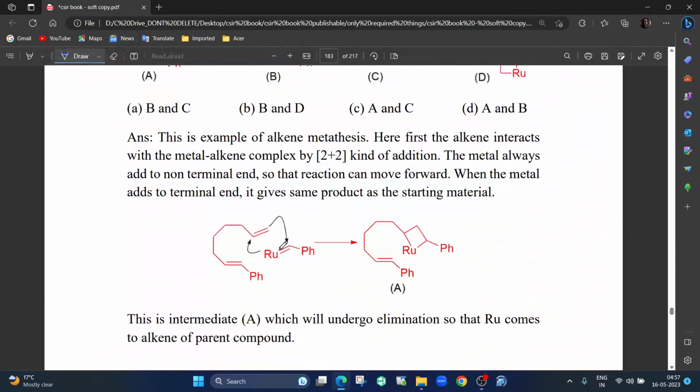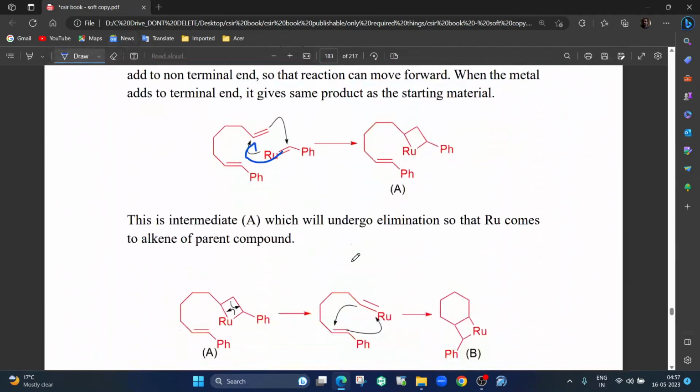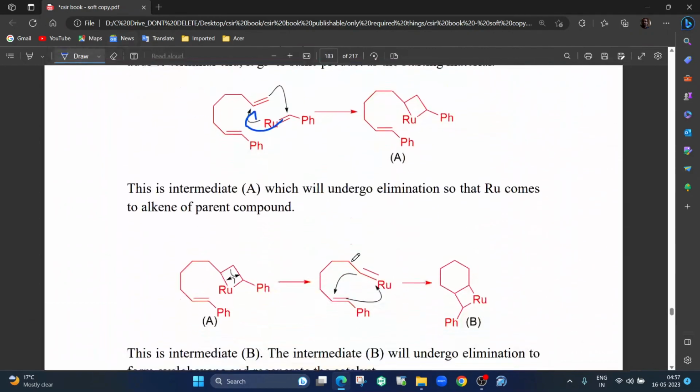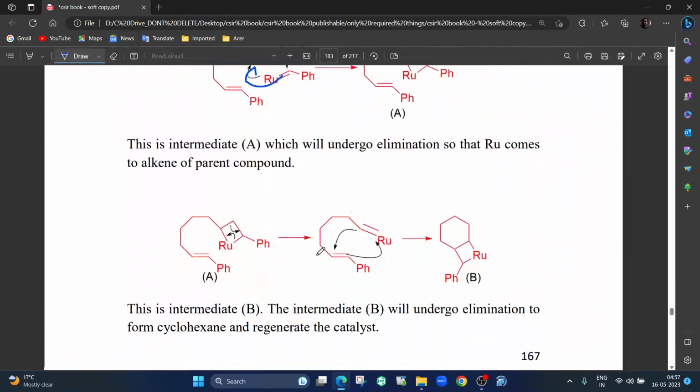Okay, so this alkene comes and attacks here, and this bond comes and attacks here, and you're getting a four-membered ring. Now this will undergo an elimination reaction, so the ruthenium comes to the alkene of the parent compound. So now this opens up, and you get ruthenium here. Again, understand, this part has to get out, only the inside part will form the ring.